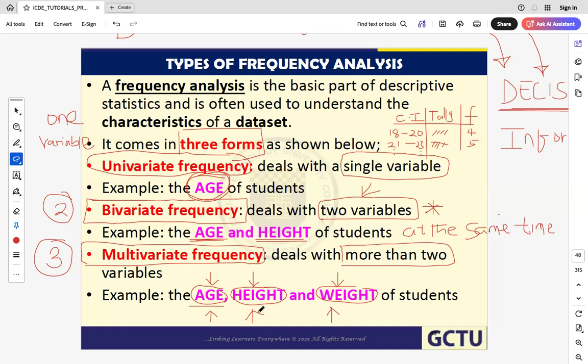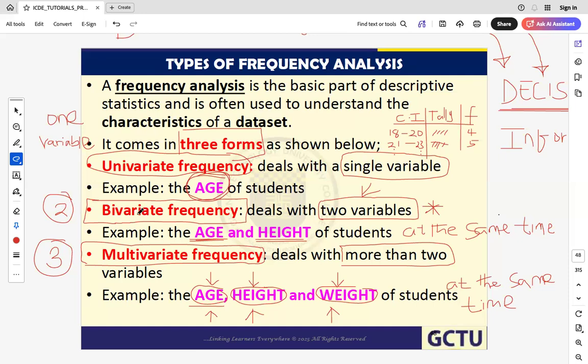Age is 1 variable, your height is the second variable, your weight is the third variable. How can we analyze these 3 at the same time to get information? That cannot be possible with the first one, the univariate. That cannot be possible with the second one we are about to do today, the bivariate. But you need another technique called the multivariate frequency. So we'll reserve this one for another day.